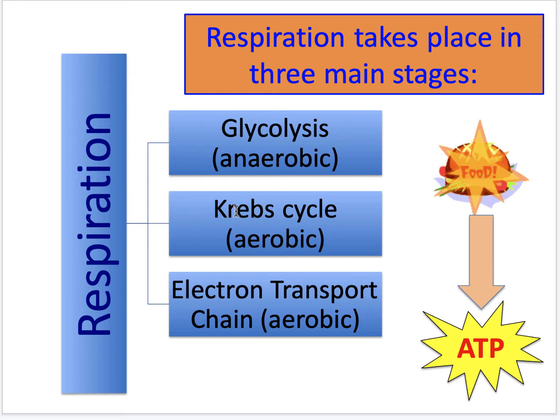That is when those molecules will undergo what's called the Krebs cycle and enter the electron transport chain. If there is no oxygen present, the pyruvic acid that was made during glycolysis will not enter the mitochondria, and it will stay in the cytoplasm.